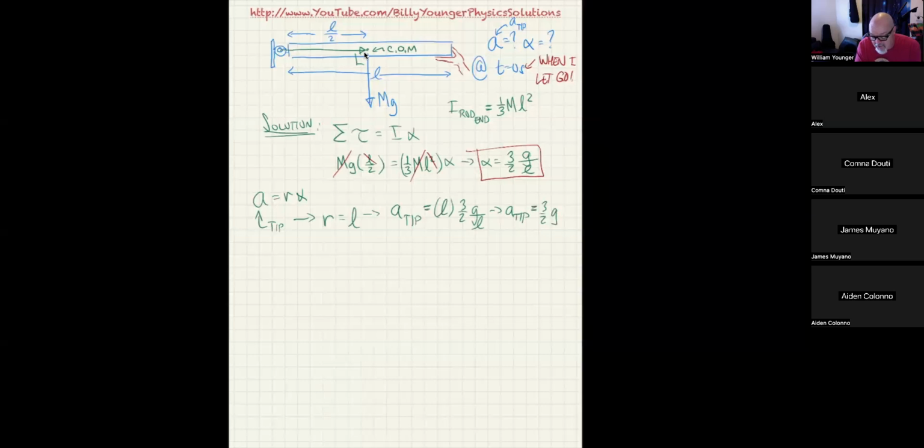Now, that is a pretty neat thing, because normally when you drop objects, they fall at a rate of g. That's the acceleration. This one's 1.5 times g.